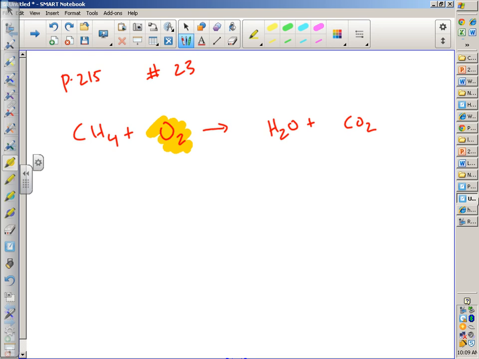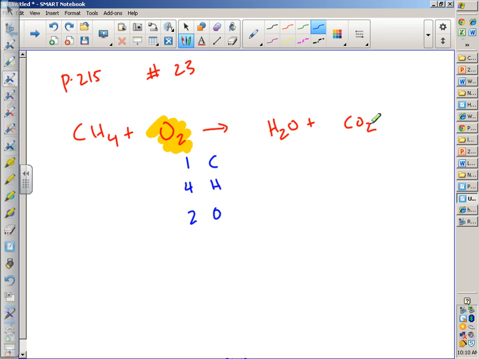Now, going through the process of balancing this. Carbon, hydrogen, oxygen. Those are the three elements that show up in my equation. Taking an inventory to begin with: 1 carbon, 4 hydrogen, 2 oxygens in the reactants. We didn't get to one like this on Friday, so this is the first time.